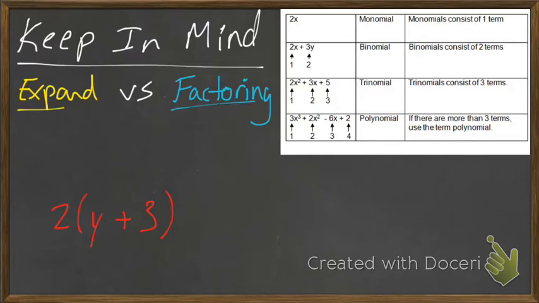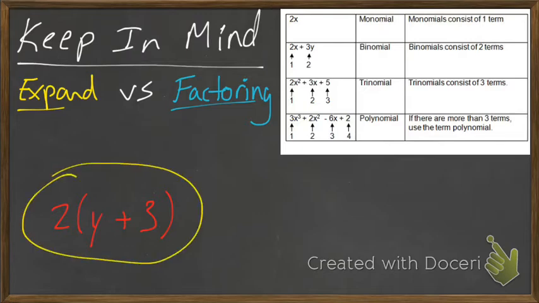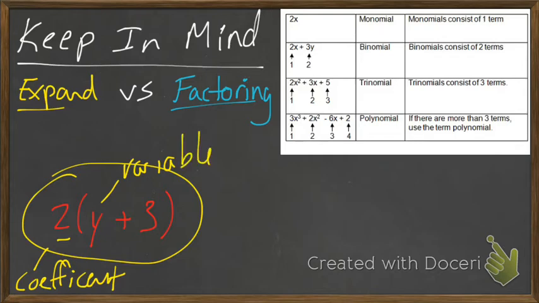If I take this term here, coefficient of 2, coefficient, we have a variable y, and we have a constant here. Okay, I'm going to write it out again, just give me some more space here. 2 bracket y plus 3.